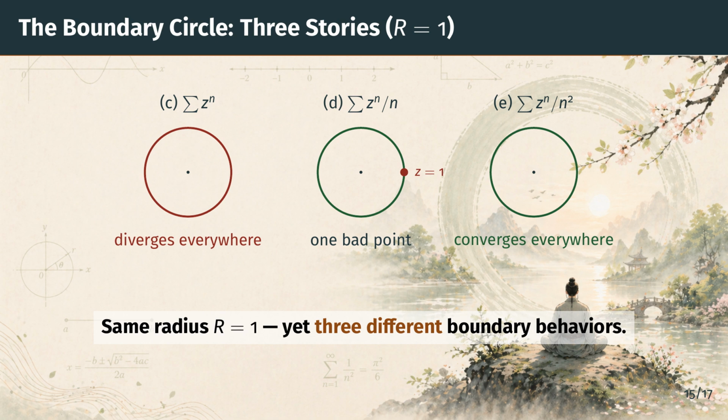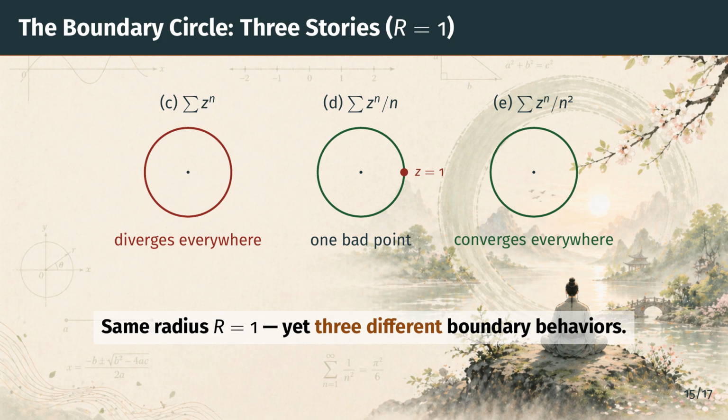The circle is green, meaning it converges, except for one red dot at z equals 1, where it becomes the harmonic series and diverges. That is the single bad point. On the right, example E, with n squared in the denominator, the whole circle is green, so it converges everywhere. The lesson is striking. All 3 have exactly the same radius of convergence, 1, yet the behavior on the boundary tells 3 completely different stories.